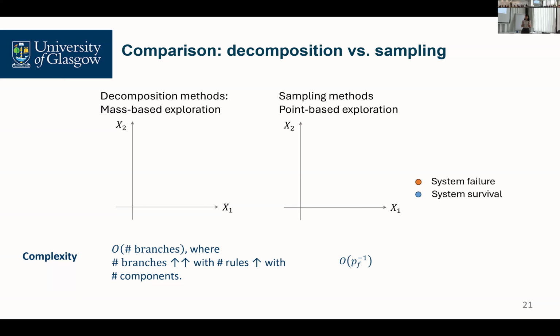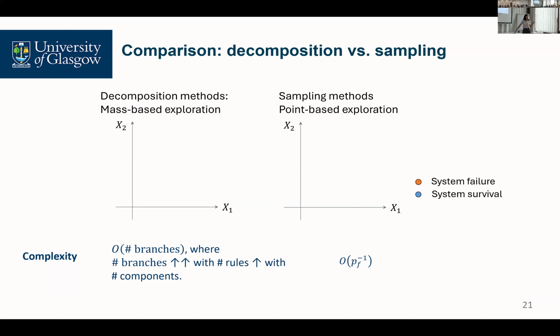This information on coherency is very powerful, and as we show later, it can significantly reduce the computation. But of course, the challenge lies with incoherent systems, which remain a question that we need to address.